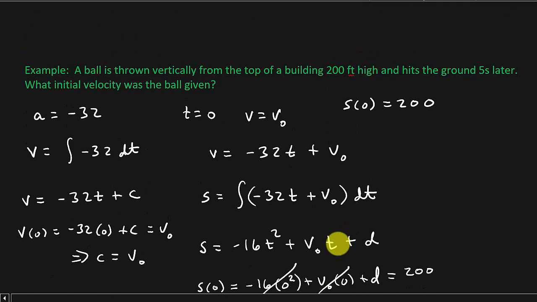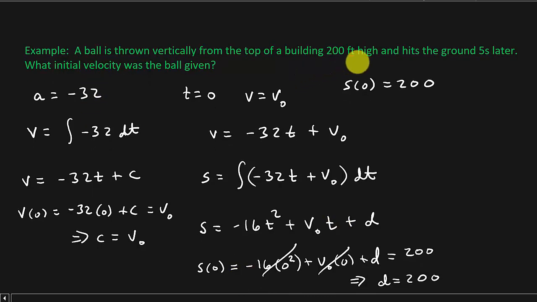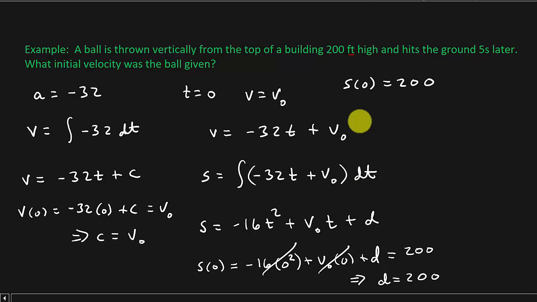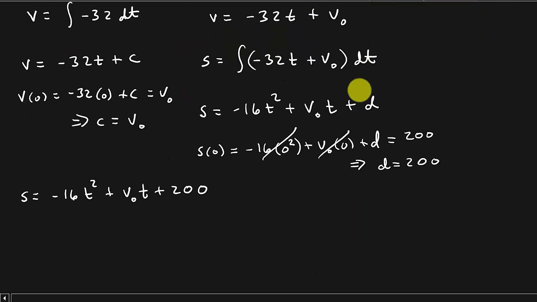So let's go back up here and see what else they tell us. It says a ball is thrown vertically from the top of a building 200 feet high and hits the ground 5 seconds later. Okay, so what does that mean? It hits the ground 5 seconds later. So that would tell me that s of 5 is equal to 0, right?